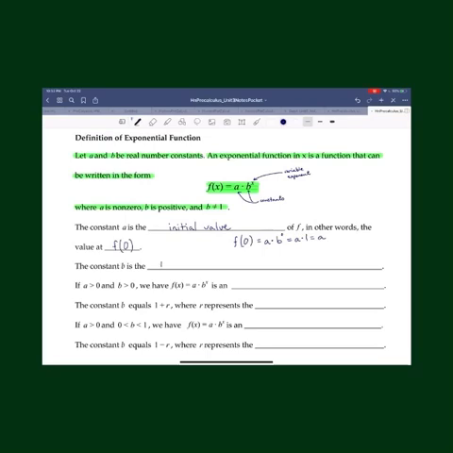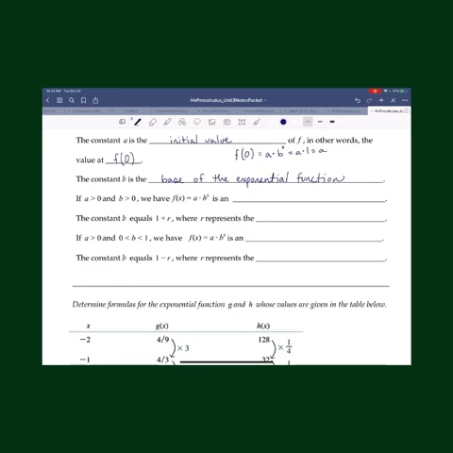The constant b is the base of the exponential function. The way the exponential function is defined, remember, b is positive and not equal to 1. So, if a and b are both positive, then we have an exponential growth function.